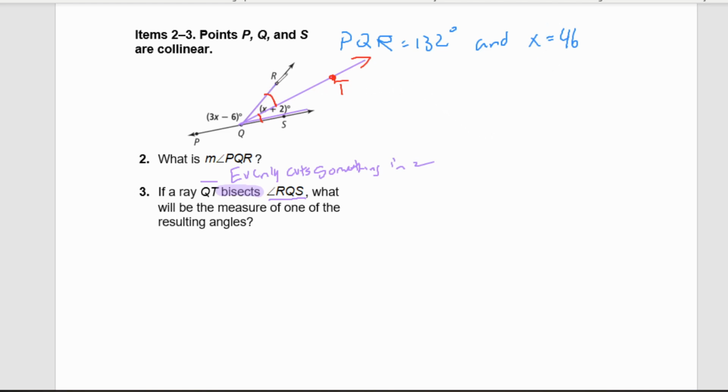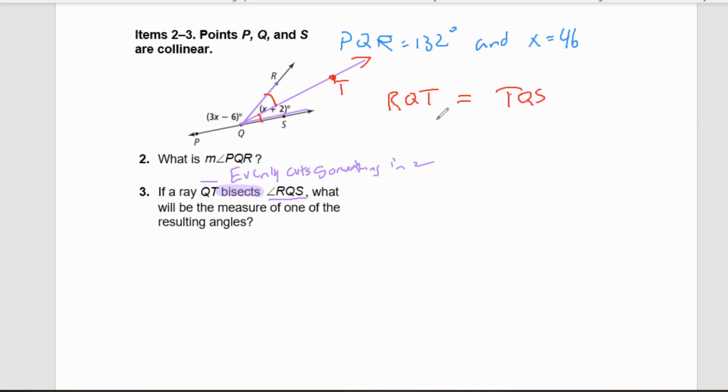But now I've generated angle RQT and angle TQS. And I can say that they are equal to each other because QT bisected RQS. And I can kind of look here and see that I still have angle RQS overall, but I have this ray that has point T that's now generated a bisection of the angle.